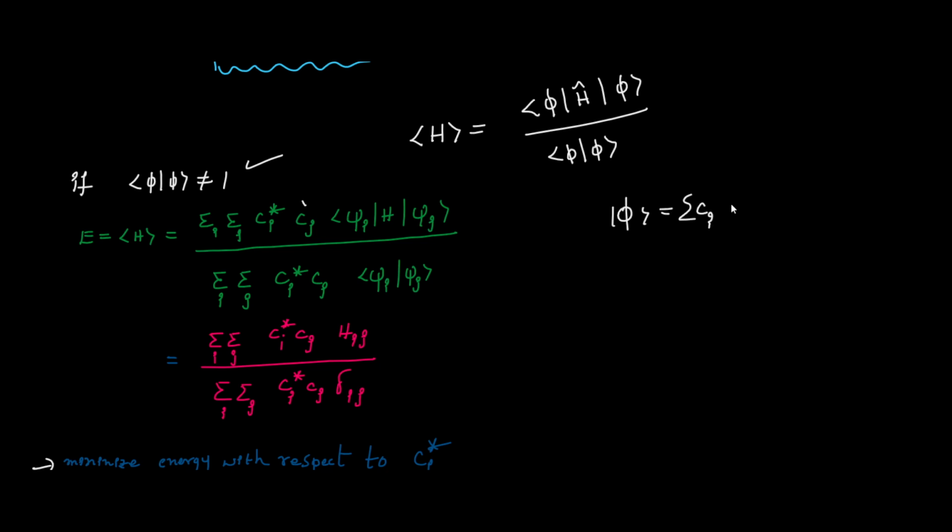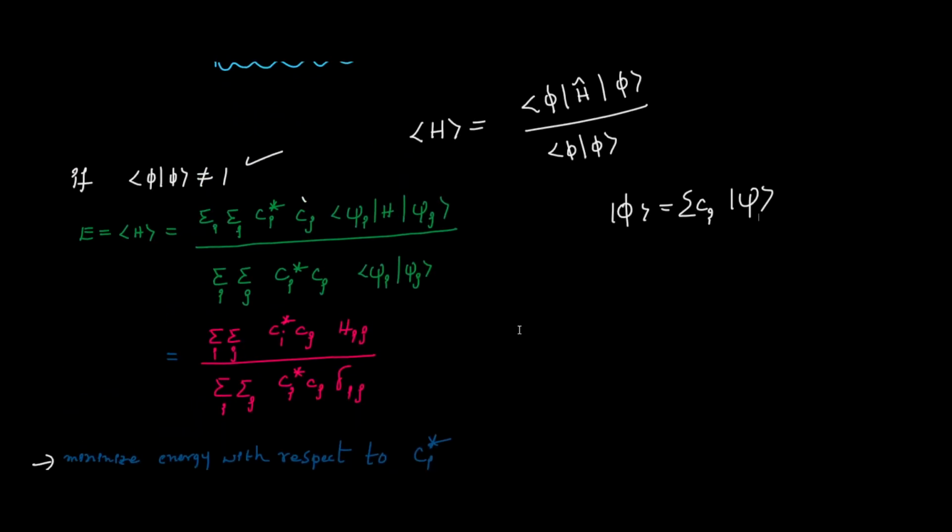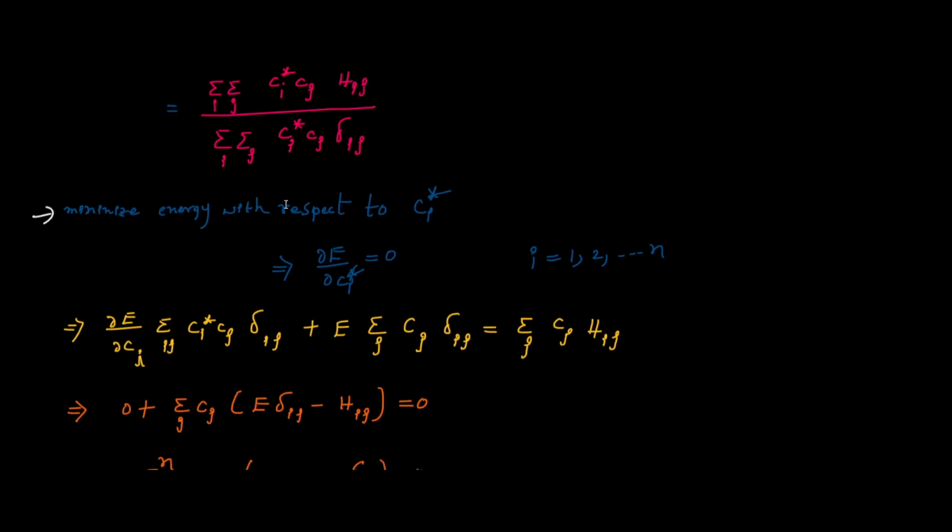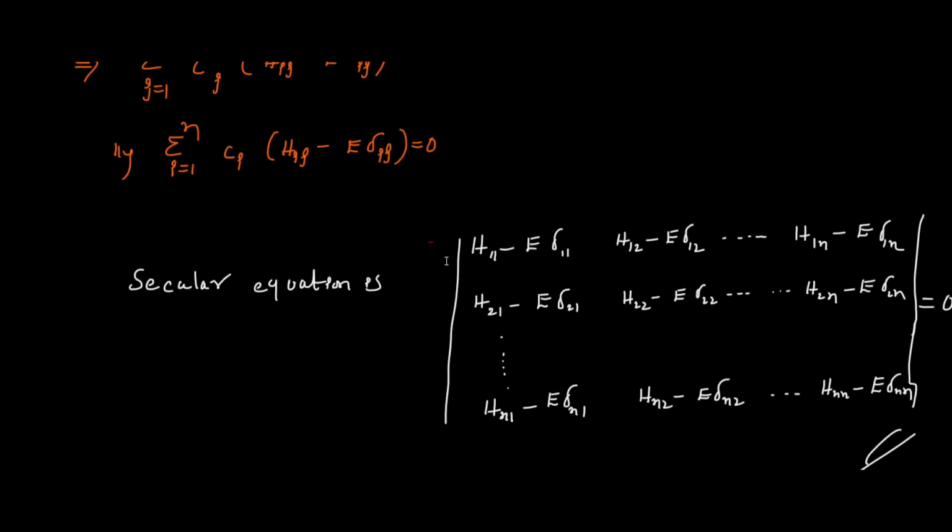If we minimize this expression with respect to the variable parameter Ci, you get one secular equation. If you minimize with respect to Cj, you get another secular equation, and you get the total information.